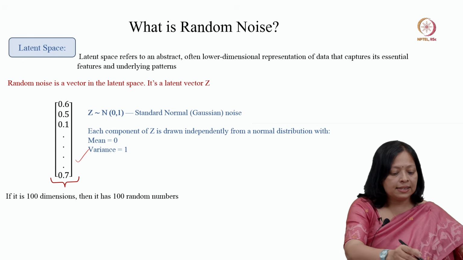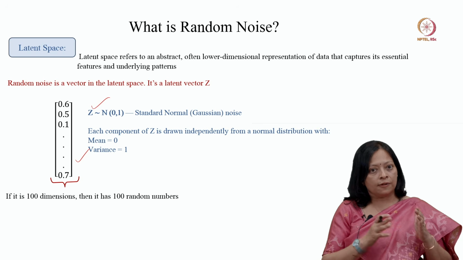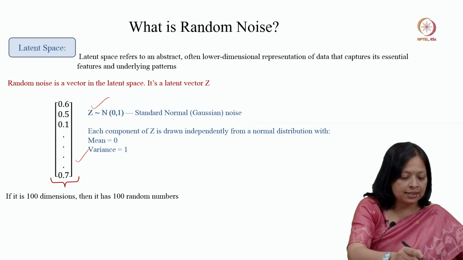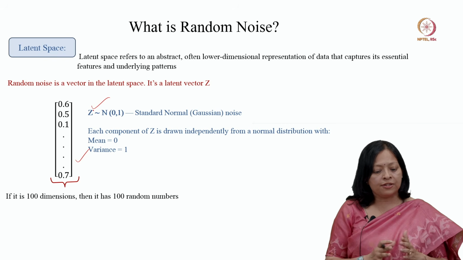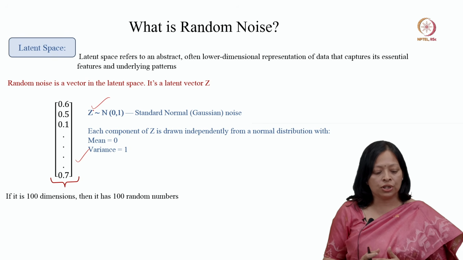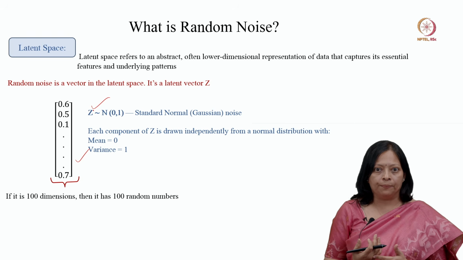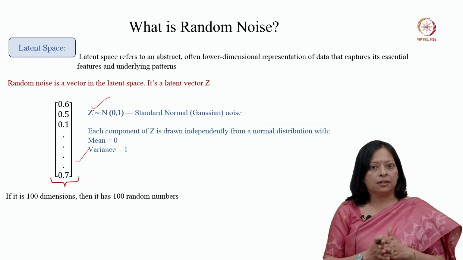Capital Z is the latent space, and each component of the latent vector is drawn independently from a normal distribution with mean 0 and variance 1. That is the criterion of a latent vector.